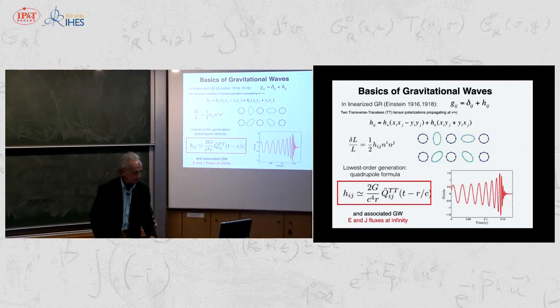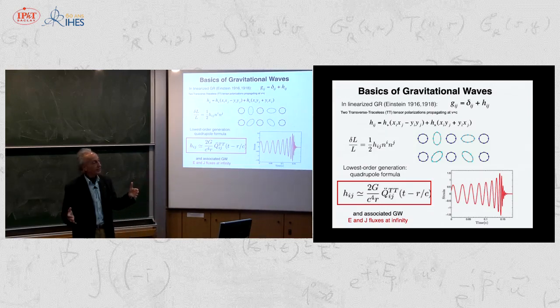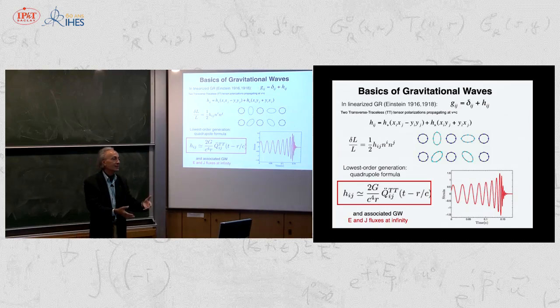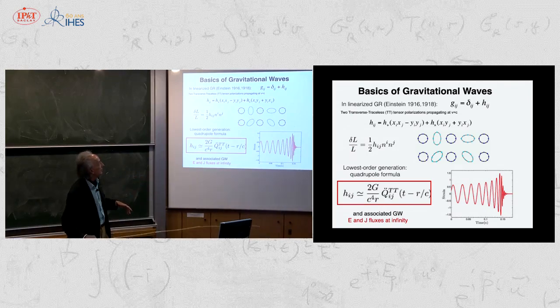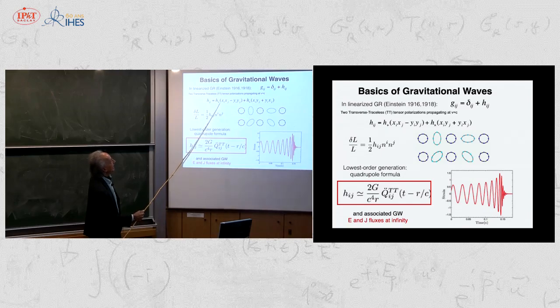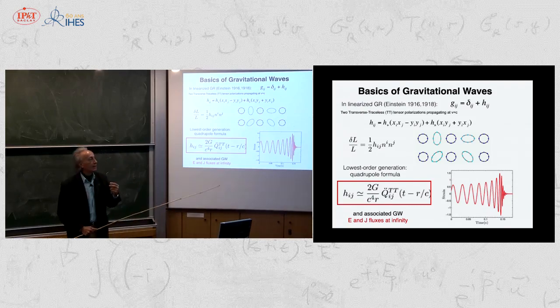Einstein's equations are solved by the flat Minkowski spacetime. Now you look at small fluctuations around the Minkowski spacetime, so Minkowski plus a small perturbation. You put this in Einstein equation and you ask what are the solutions of weak perturbations propagating in flat Minkowski spacetime. And Einstein found that the most general solution contains two independent functions.